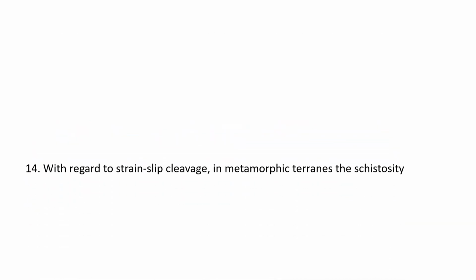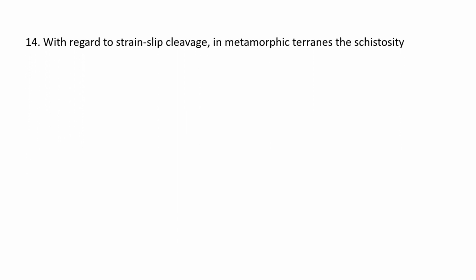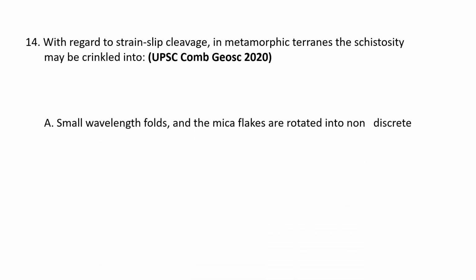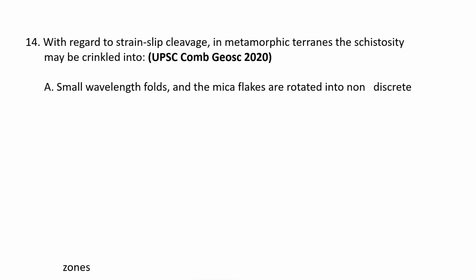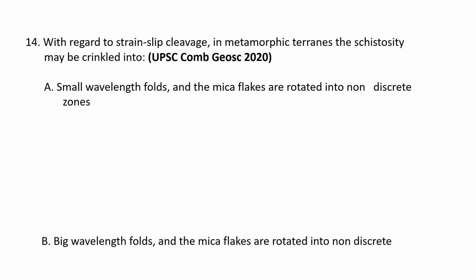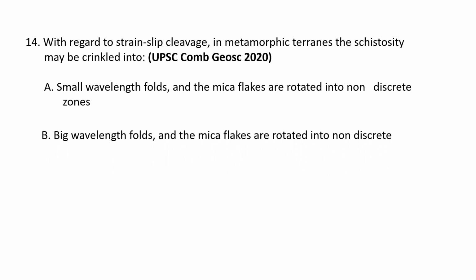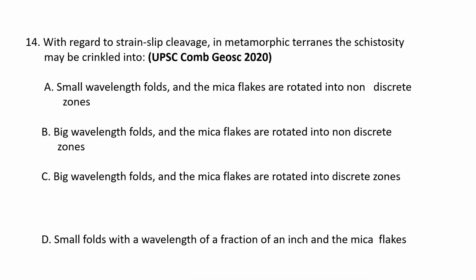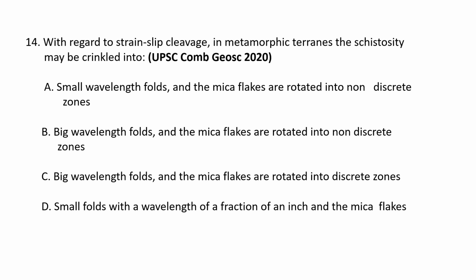Next question. With regard to strain slip cleavage, in metamorphic terrains, the schistosity may be crinkled into A. Small wavelength folds and the mica flakes are rotated into non-discrete zones. B. Big wavelength folds and the mica flakes are rotated into non-discrete zones. C. Big wavelength folds and the mica flakes are rotated into discrete zones.